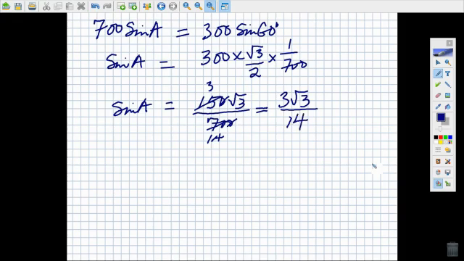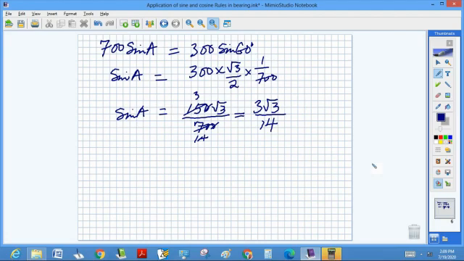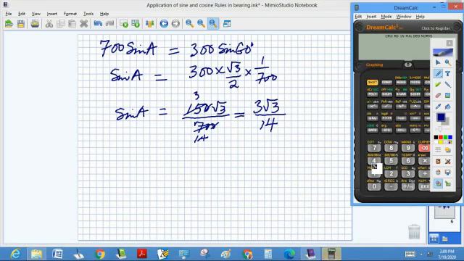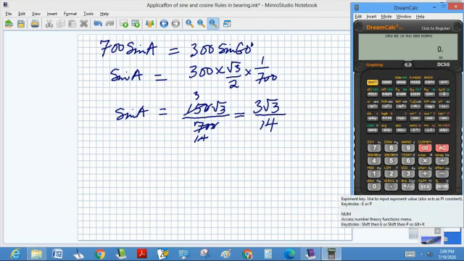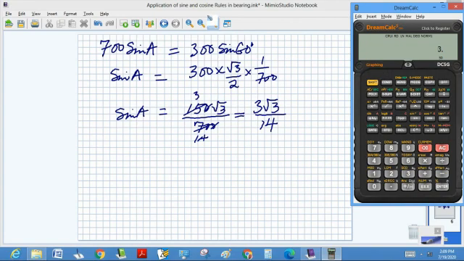Using calculator from here, we have 3 root 3 divided by 14 equal to 0.3712.